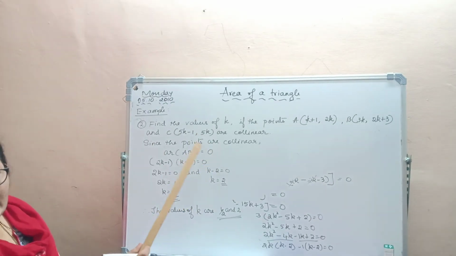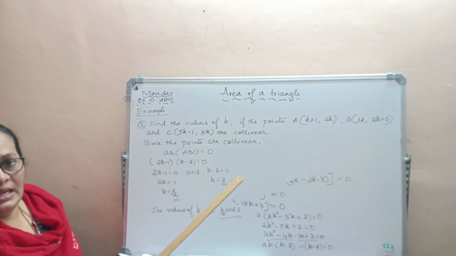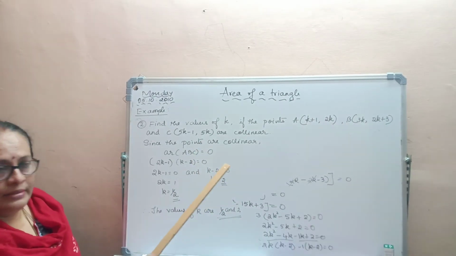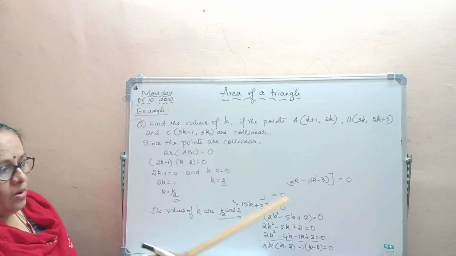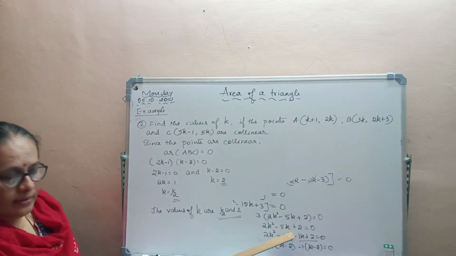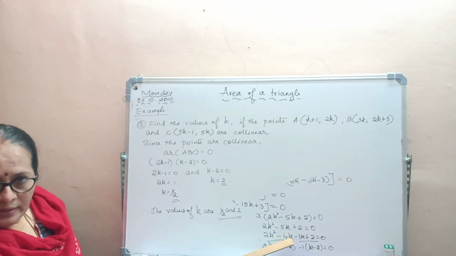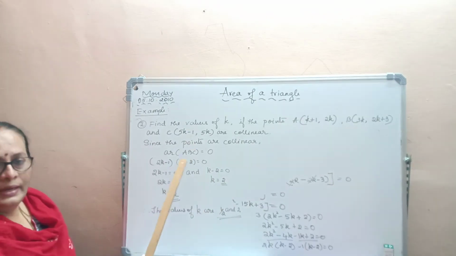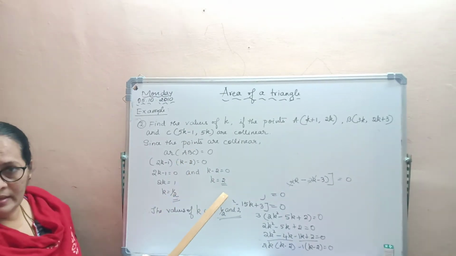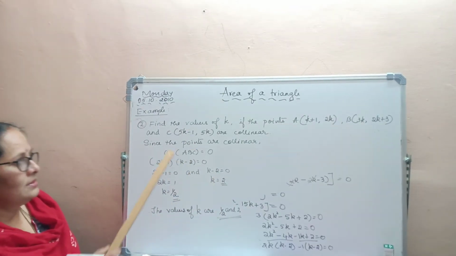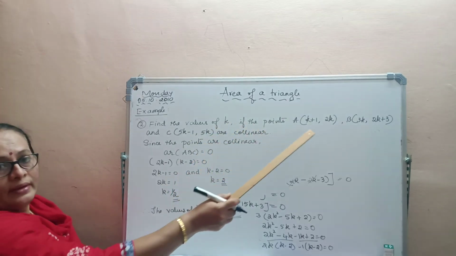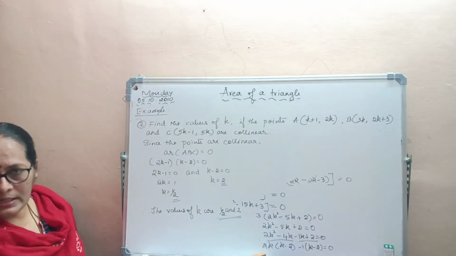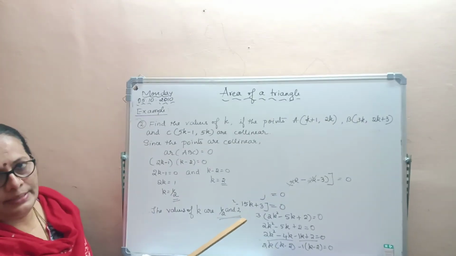Now substitute x1, x2, x3, y1, y2, y3 in the formula. You will get a quadratic equation. Then split the middle term, factorize it. Then you will get 2 values of k, which give the values of k for the given coordinates which are collinear.